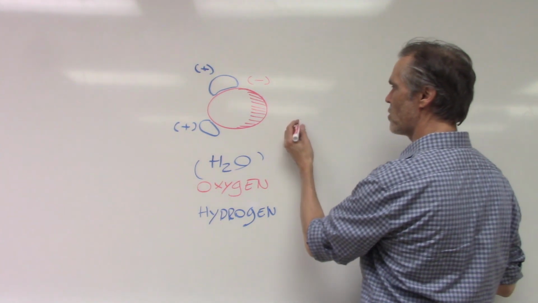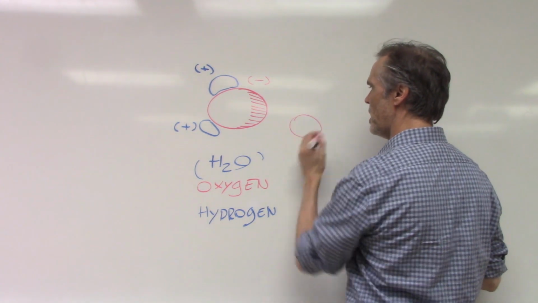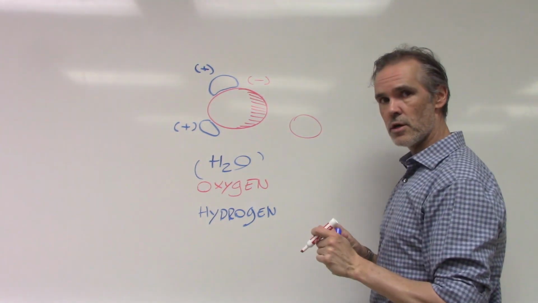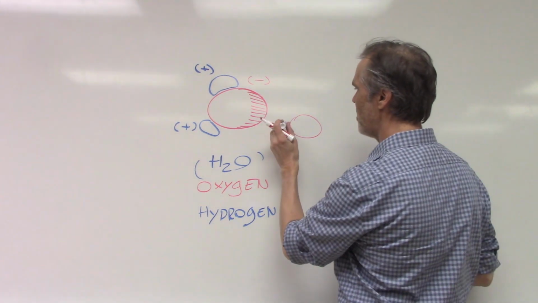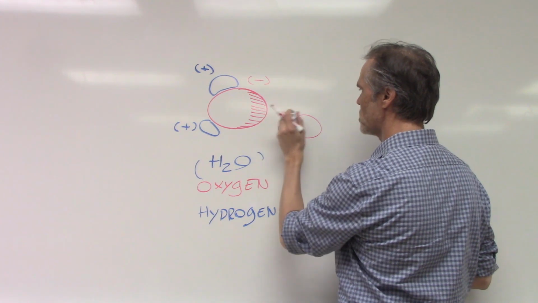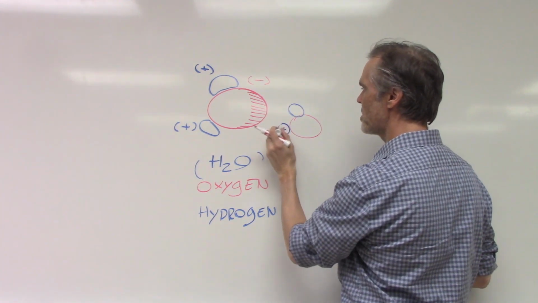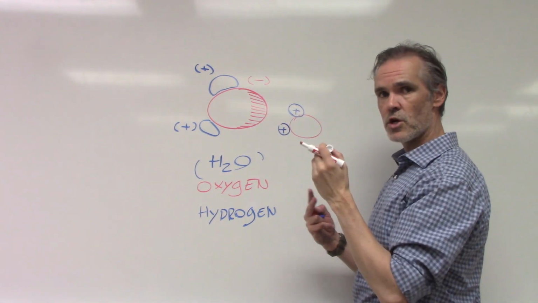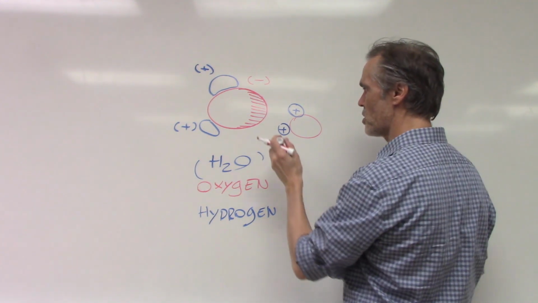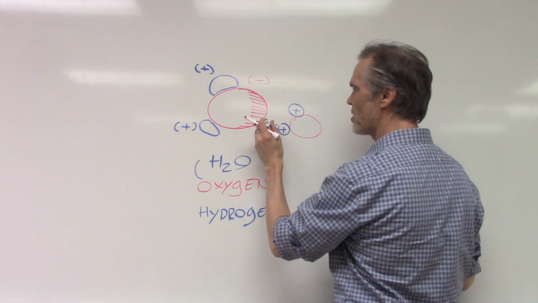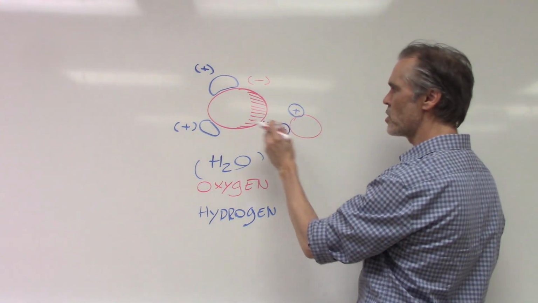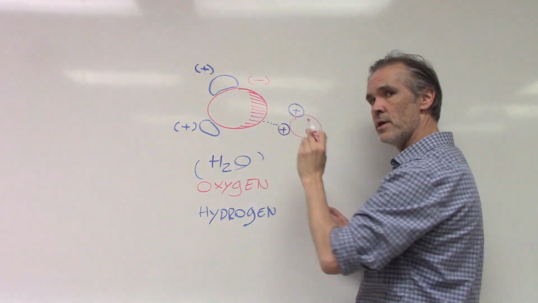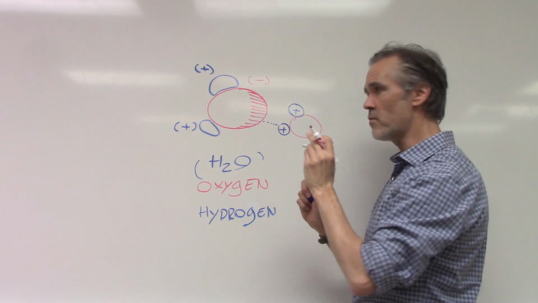So I will have another water molecule here, and that other molecule of water will have its hydrogens right here, but since they have more of a positive charge, remember it's not a real positive charge, but we will have some kind of an interaction between that, right? Between this part here, which is this molecule here, and this molecule here, there will be an attraction between the two of them.